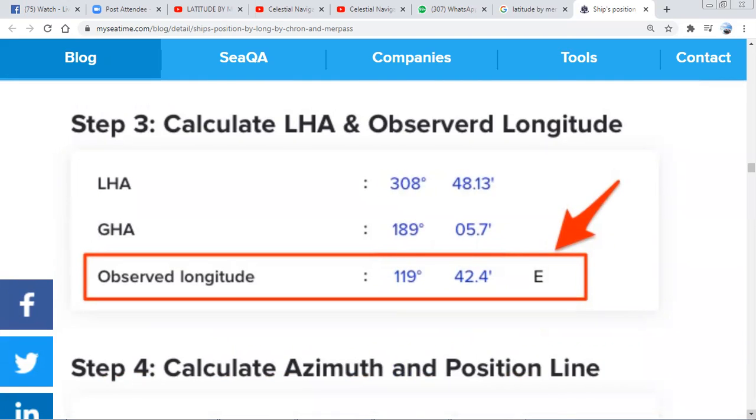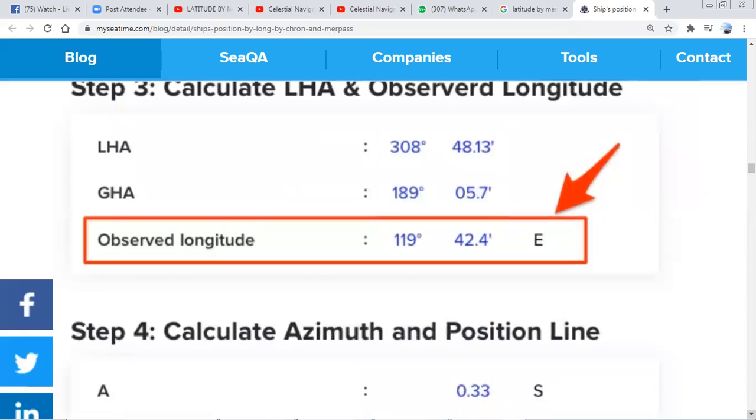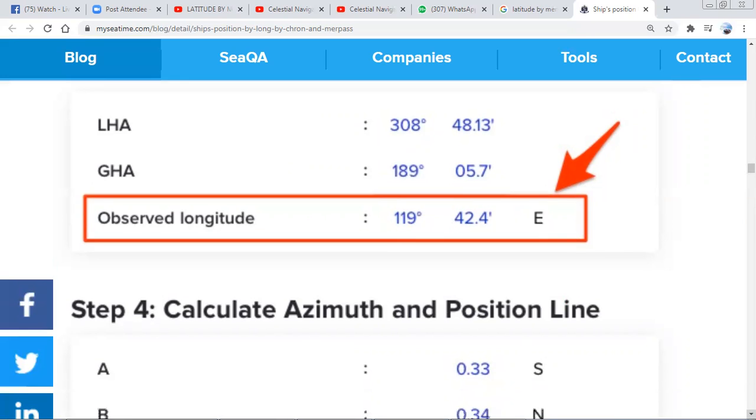For the observed longitude: LHA west, GHA east, longitude GHA least. Here GHA is less, so longitude is east. So we got the difference, 119 degrees 42.4 minutes east, that is our longitude.